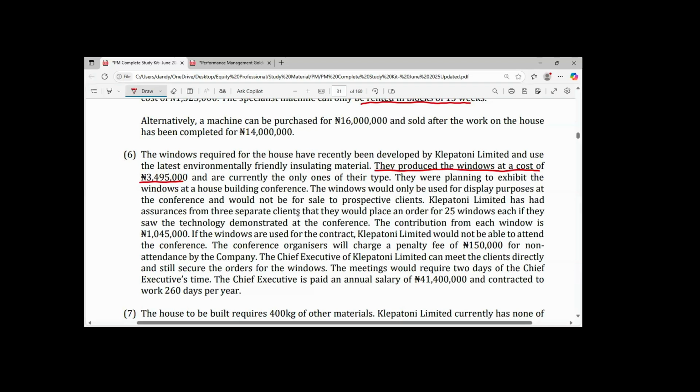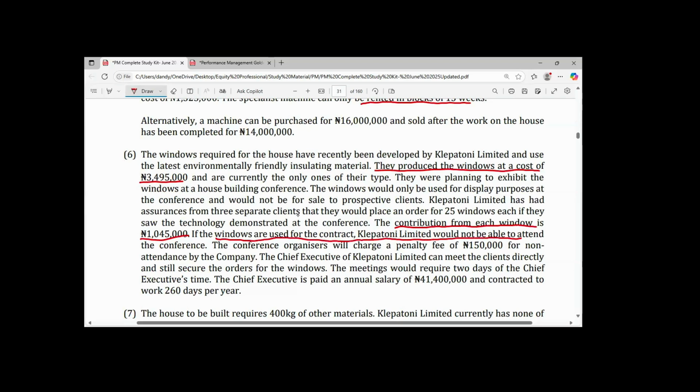The contribution from each window is 1,045,000. If the windows are used for the contract, Clepatonic Limited would not be able to attend the conference. The conference organizer will charge a penalty fee of 150,000 naira for non-attendance by the company.